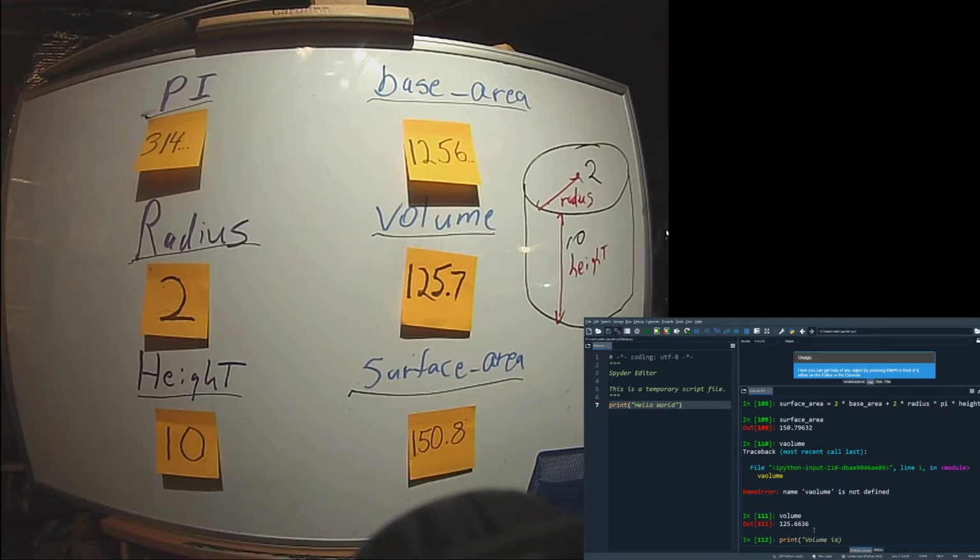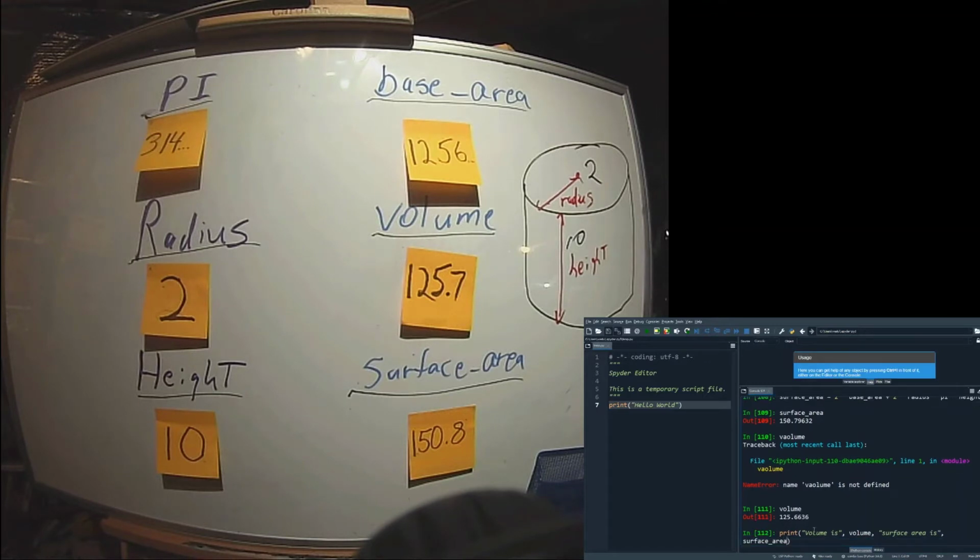Volume is volume, and surface area is area. Okay? And when we execute this, the same thing is really going to happen. These are strings. They're the third type we're going to kind of mention today. We'll go into them in more detail later, but they just represent some text, right? So the print statement is going to print out that text.